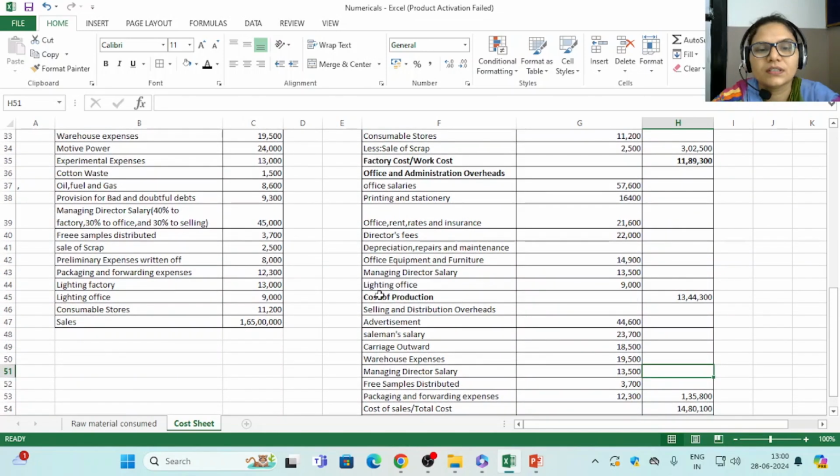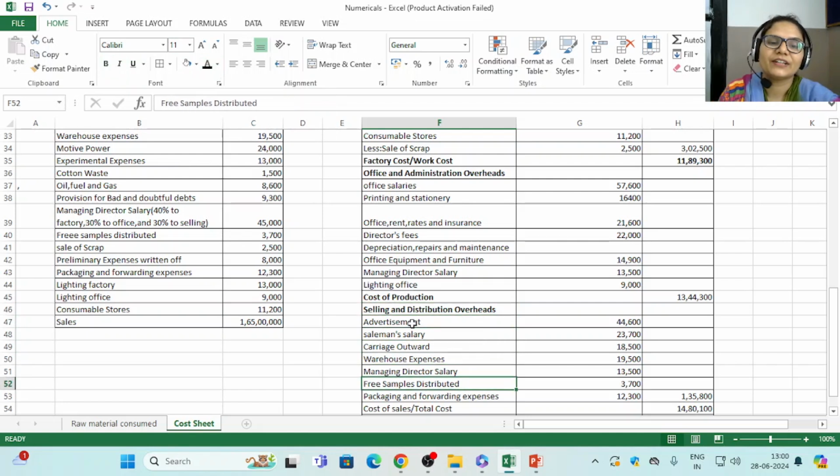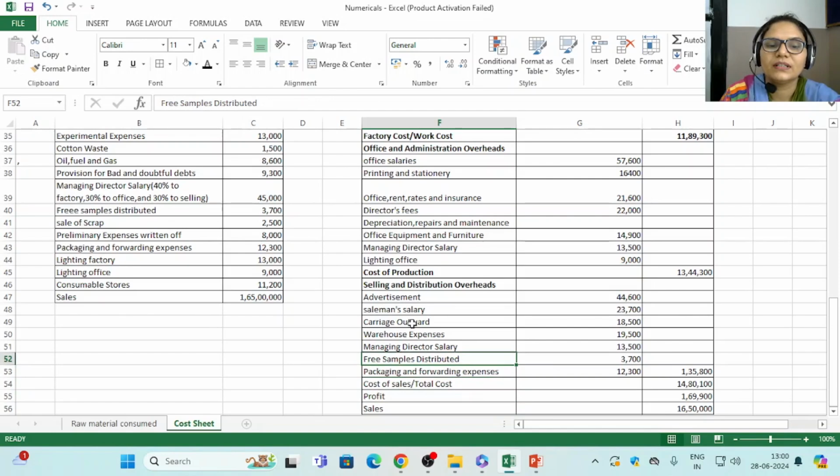Then after cost of production, we will add selling and distribution overheads, that is advertisement, salesman salary, carriage outward, and all the expenses related to the sale of a product.